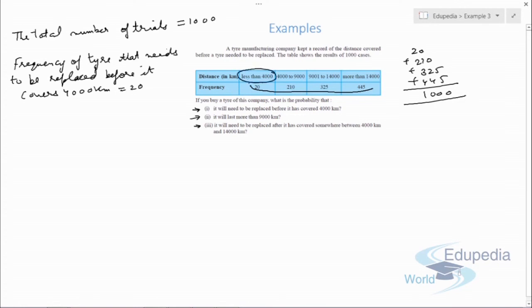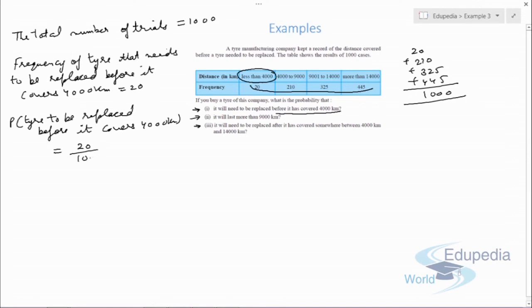So the probability that a tire is replaced before it covers 4000 kilometers equals 20 by 1000. It will come out to be 0.02. So this is the probability for the first part.